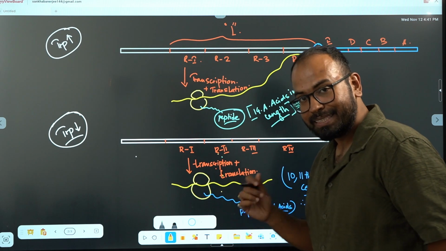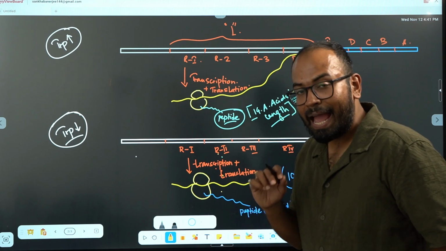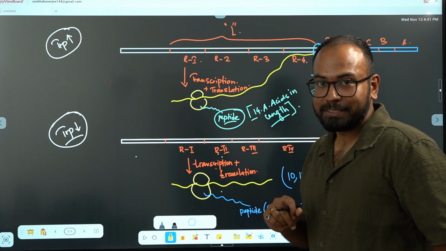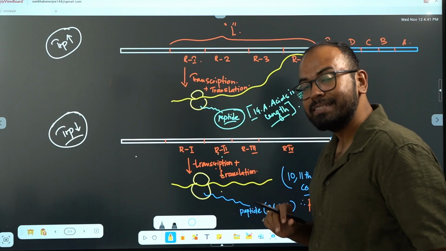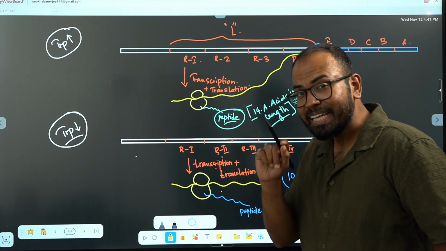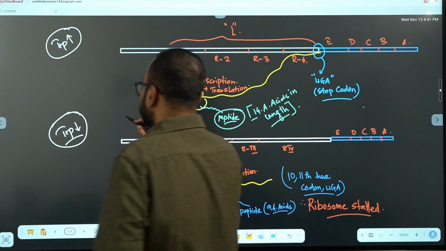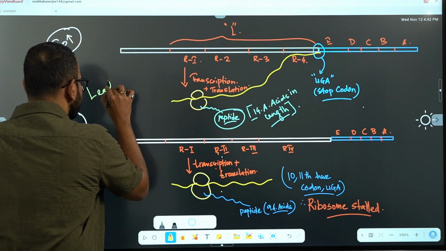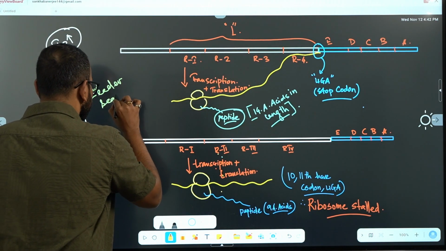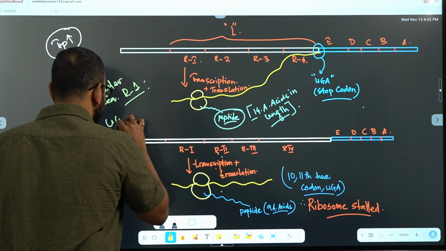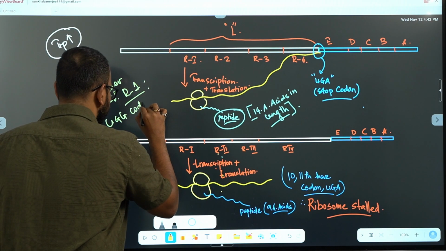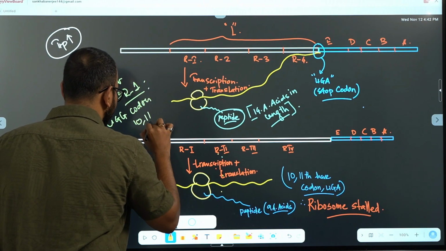But there lies a problem. As we have seen, within the leader sequence, region 1, we have the UGG codon at the 10 and 11 position.